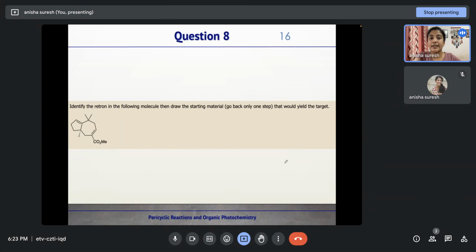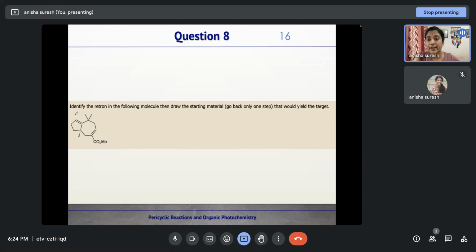Now coming to question number 8. Identify the retron in the following molecule, then draw the starting material. Go back only one step that will yield the target. So they are asking, this is the target molecule. So we have to identify the part of this molecule so that we will get the starting material.